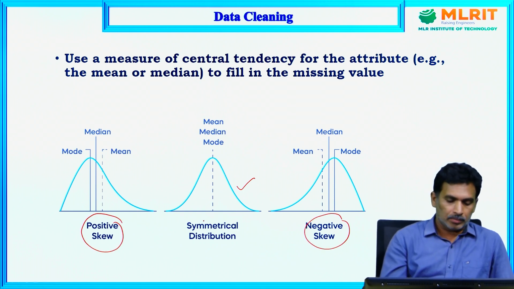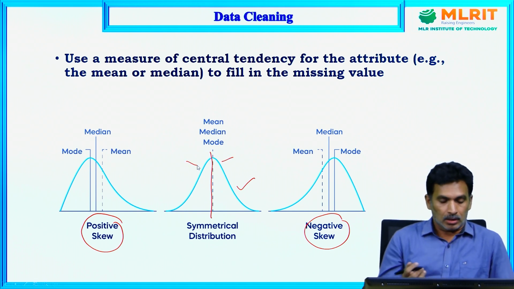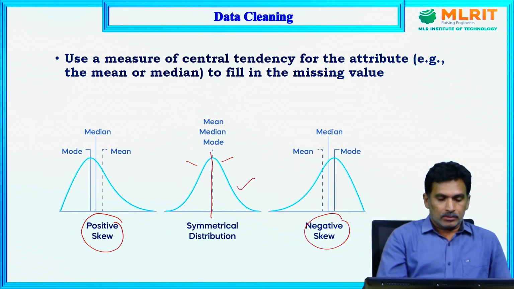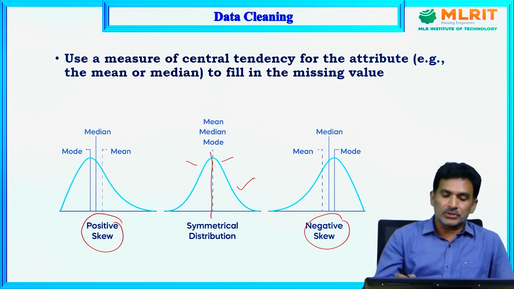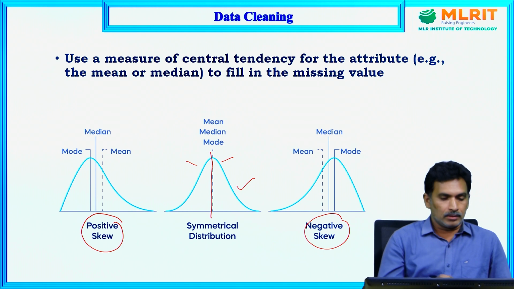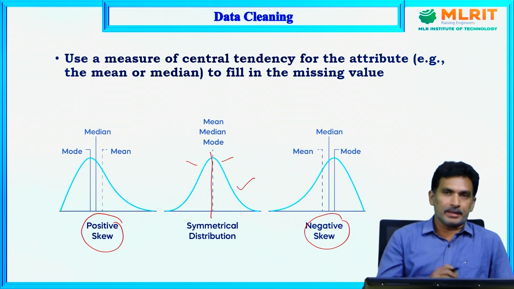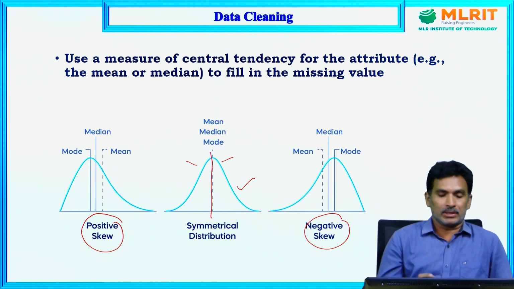In symmetric data, the right half and the left half are almost symmetric. Depending on the data distribution, before we fill the missing values using measures of central tendency, we have to understand what the data distribution looks like.